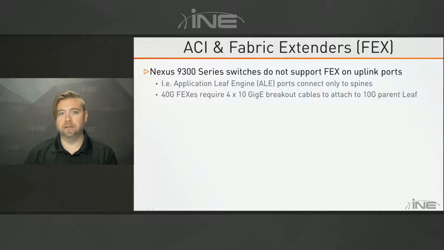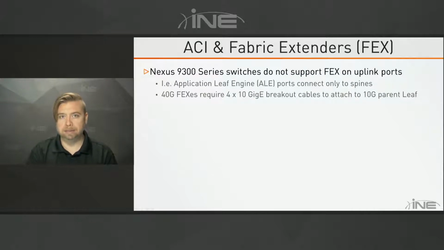Essentially, those are the interfaces that are running the VXLAN tunnel and the routing behind the scenes, the infrastructure VRF or the infrastructure tenant that's routing IS-IS from the leafs to the spines in order to build the shortest path tree for the underlying VXLAN fabric.